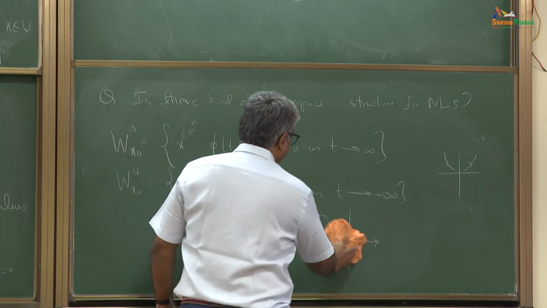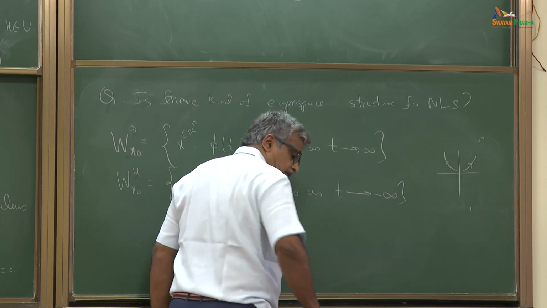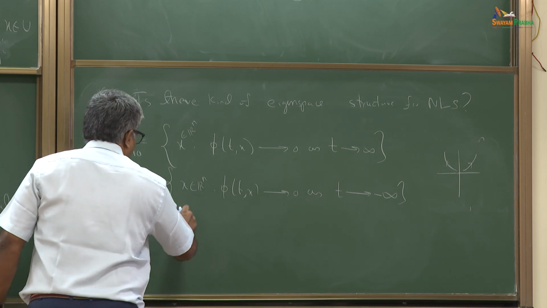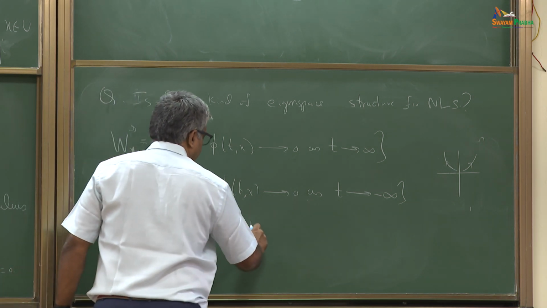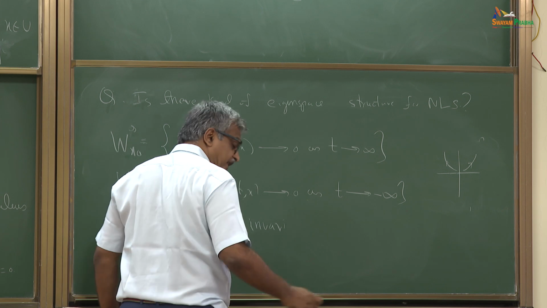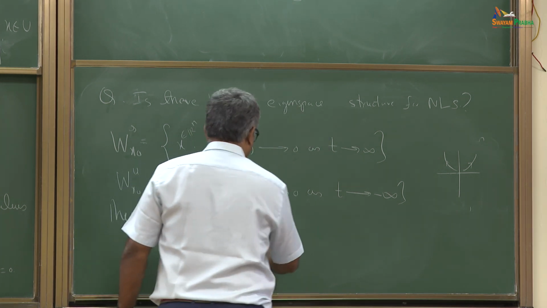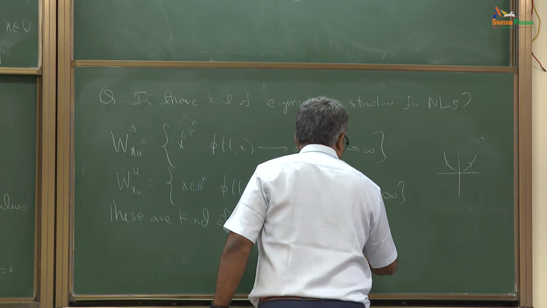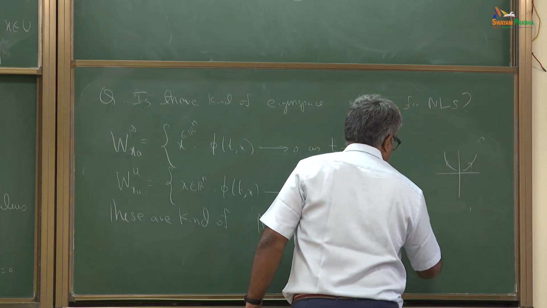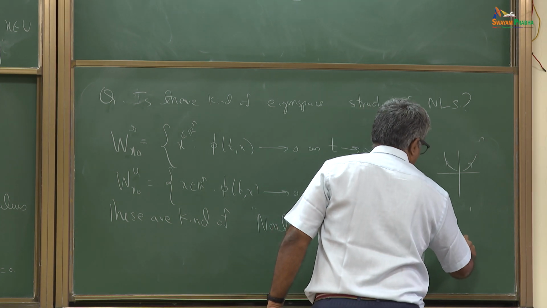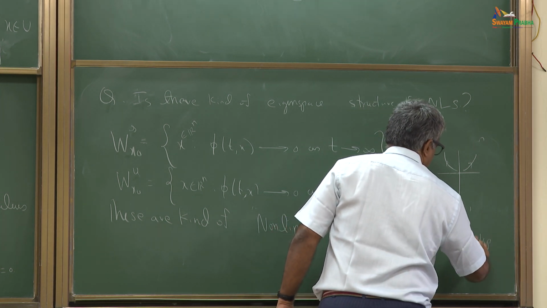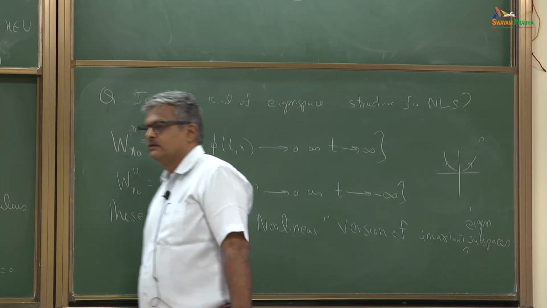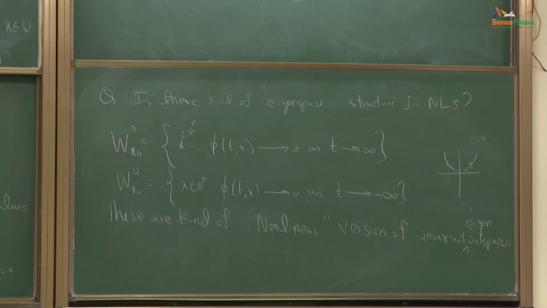So having defined these two sets, these are kind of invariant, nonlinear versions of invariant subspaces. In the linear system, we saw that eigenspaces were invariant.